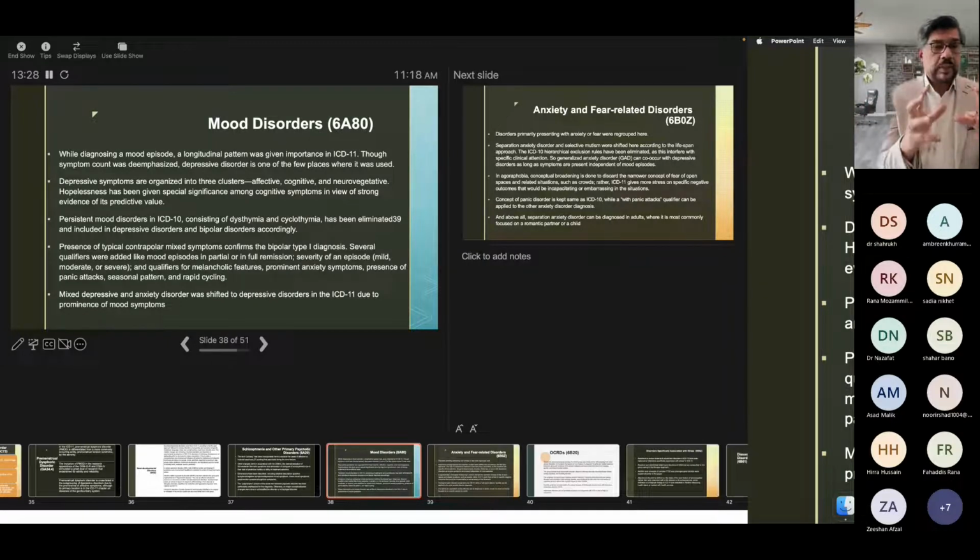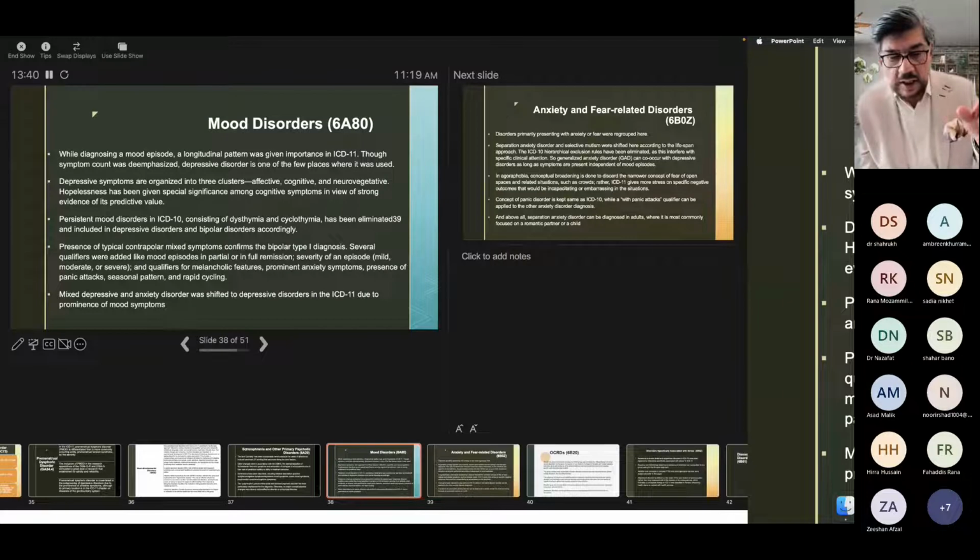And again, still, some of the things are not very clear to me as well, but I will definitely feel that this is a better option. So previously there was a definite thing that these episodes should be in this much specific period of time if you really want to label it as a bipolar. Now there is no time bar as well.